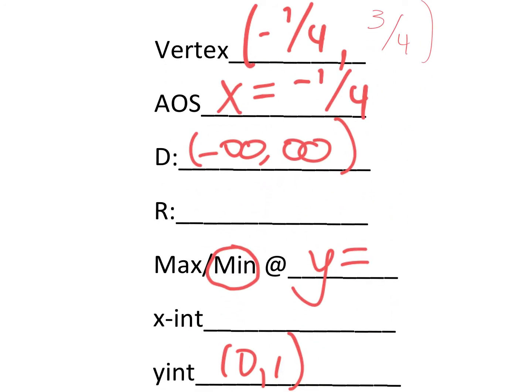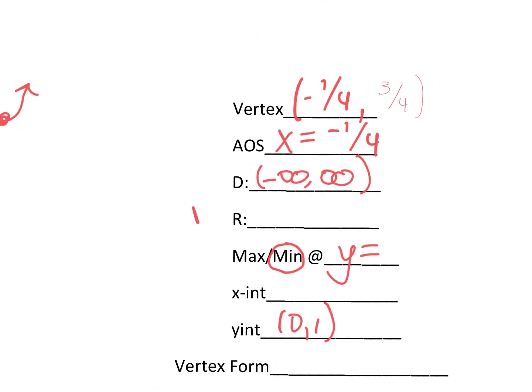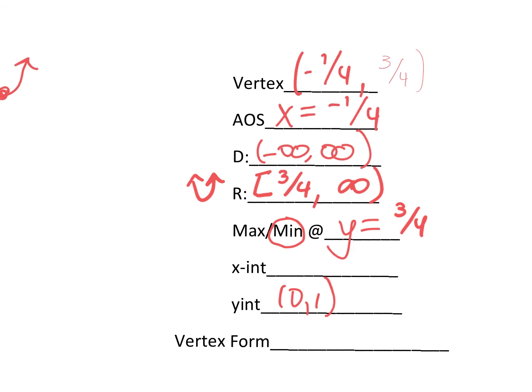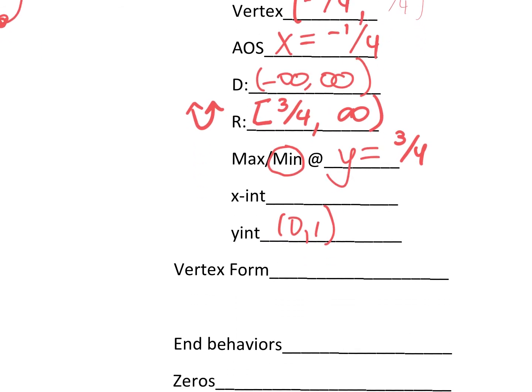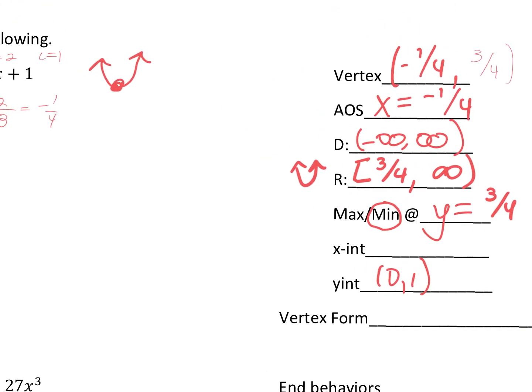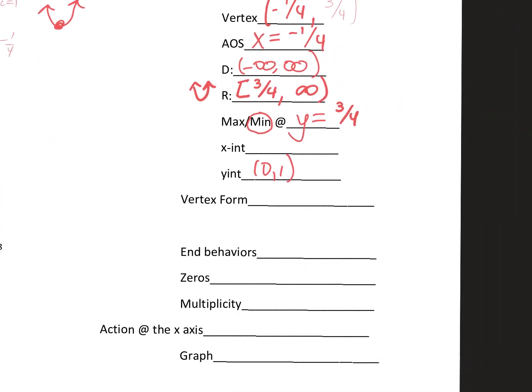That then means my range is what? You told me it goes upwards, right? So it's going to be from the y part of my vertex, including it, to infinity. I know that my max or min point is the y part of my vertex, so it's 3/4. Can I do my vertex form? Do you have your a term? And do you have your vertex? Yes, so your a term is what? 4.